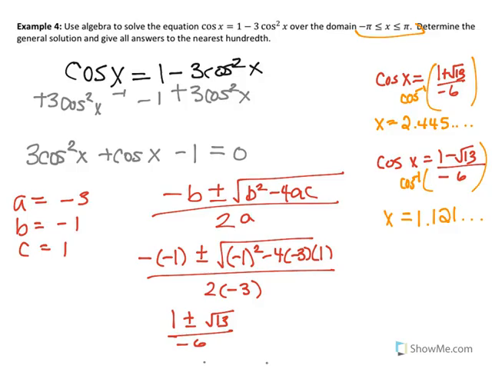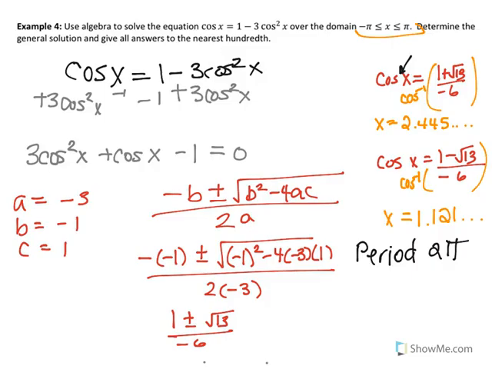We are dealing with from negative pi to pi. So our period for this is still going to be 2 pi, because there's no number in front of the x there. Even though it's squared, we don't have it stretched or compressed.